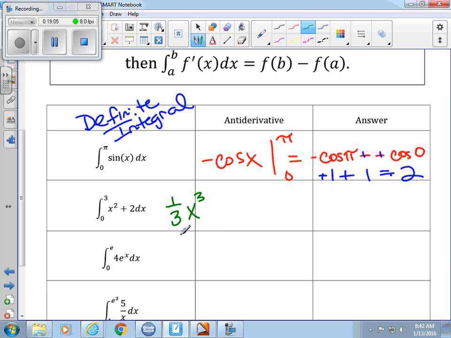Why? Well, we're undoing derivatives where you subtract 1 from the power and multiply. So, add 1 to the power, divide by the new power. Check it. Does it work? 3 times 1/3? Subtract 1. Do I get x squared? What is the antiderivative of 2? Good. From 0 to 3.